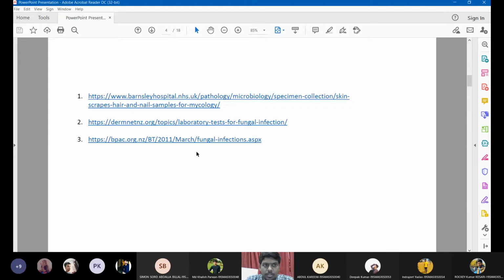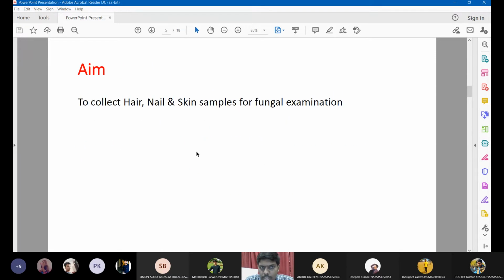So the aim of today's lab experiment is to collect hair, nail, and skin samples for fungal examination. To examine fungal infection, we are collecting these samples.